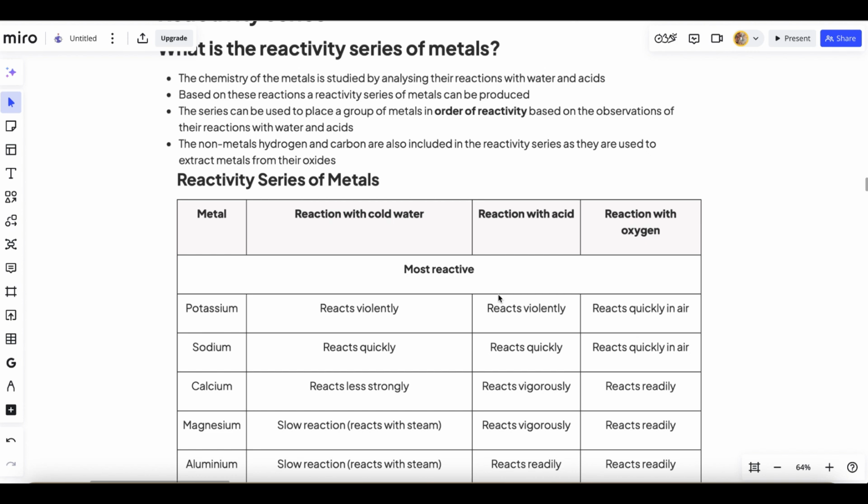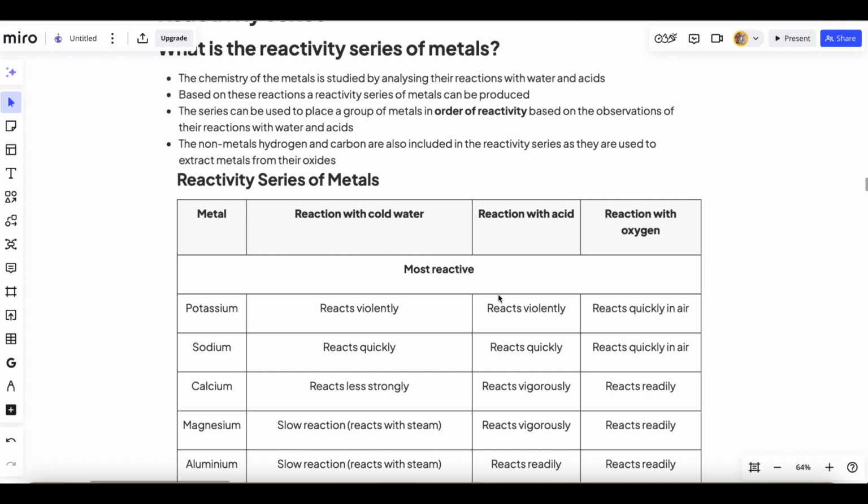Based on what we have seen in the past, when metals react with acid, or with cold water, or with steam, we're able to deduce that a series of other products like salt can be produced, and hydrogen gas can be produced from the reactions we've seen in these cases.